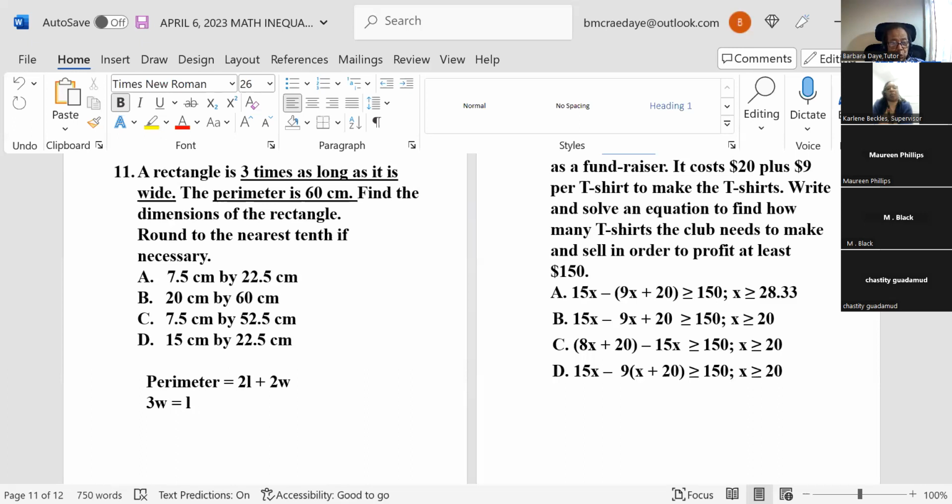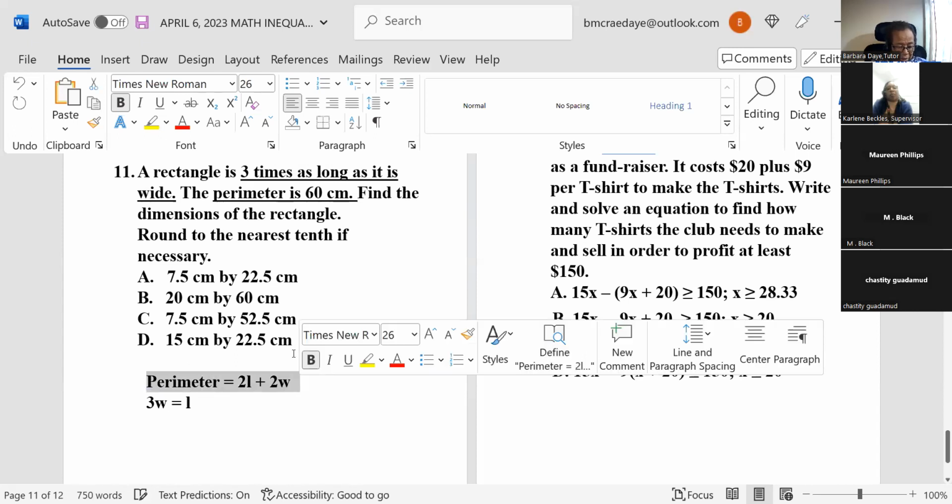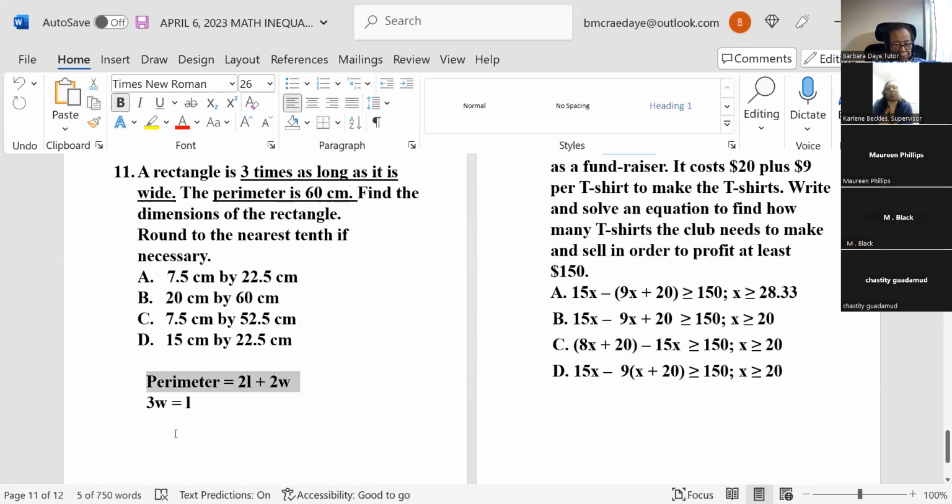That means 2 lengths would be 2 times 3W, right? Okay, so substitute that 3W in for the length. Perimeter is equal to 2 times 3 widths plus 2 widths. Now we've got it all in width.